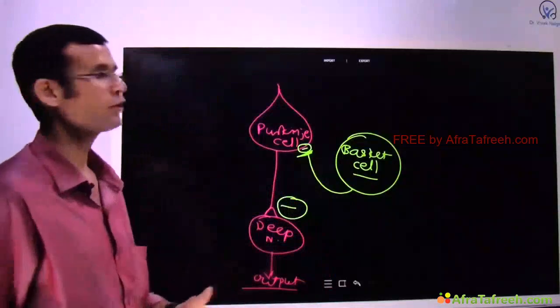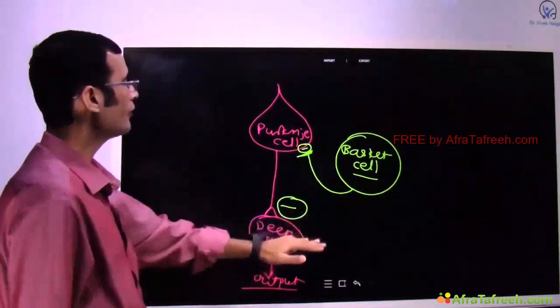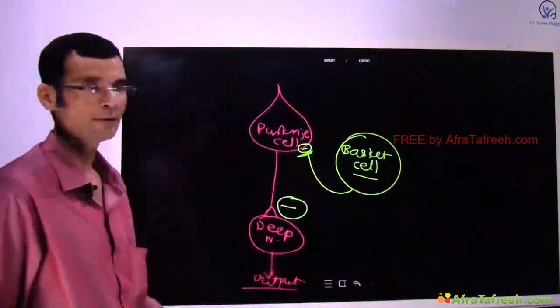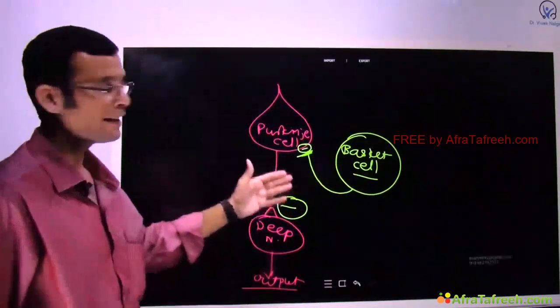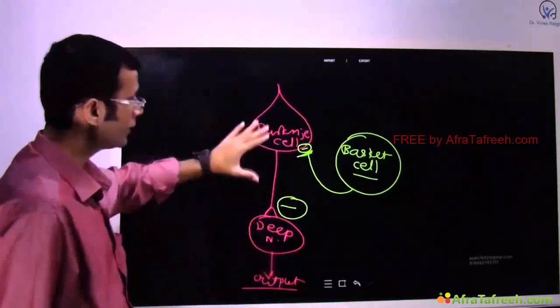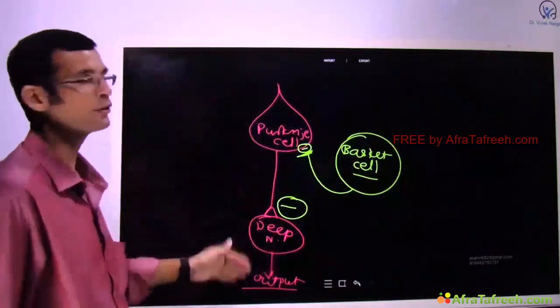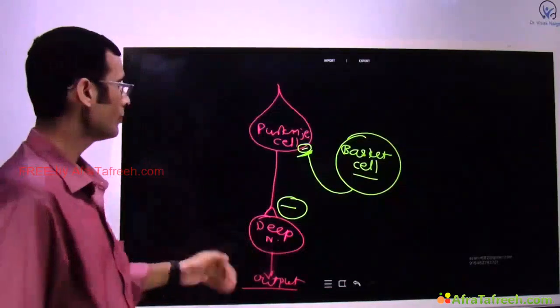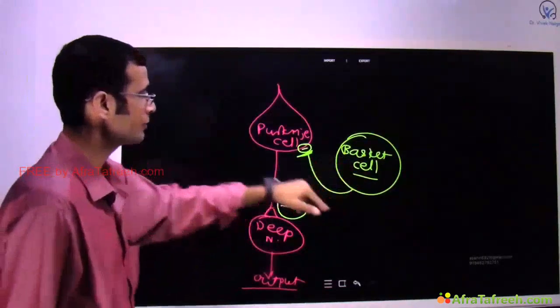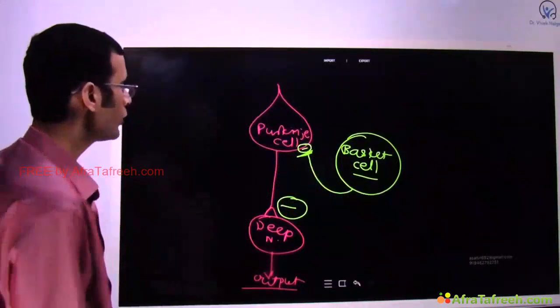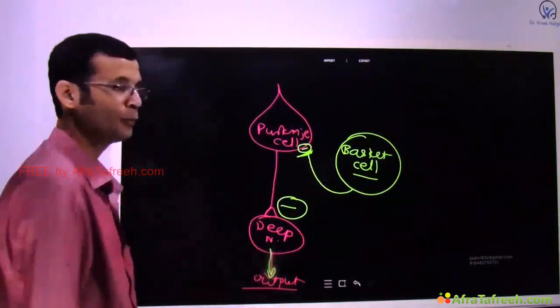What is the purpose of this? The basket cell will inhibit the Purkinje cell. The end result is, therefore, the Purkinje cell's inhibitory influence on the deep nuclear cell will be lifted because of this basket cell axosomatic synapse, and therefore the deep nucleus will send the output to the muscles.